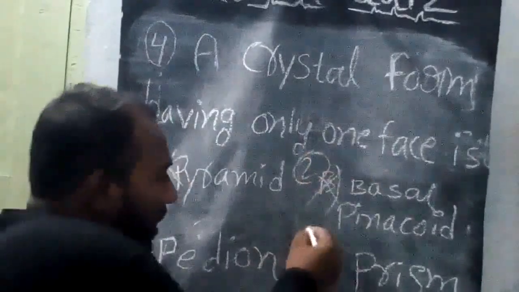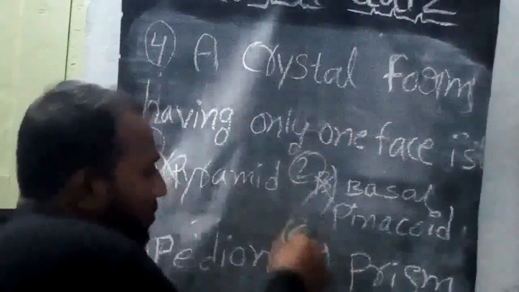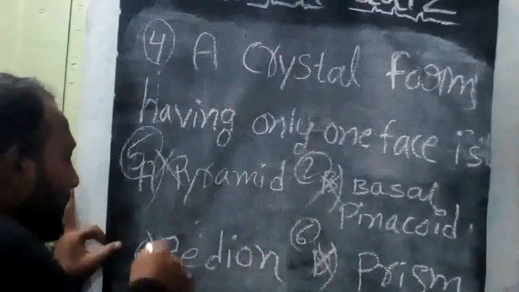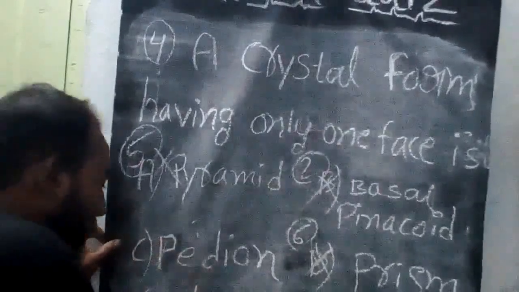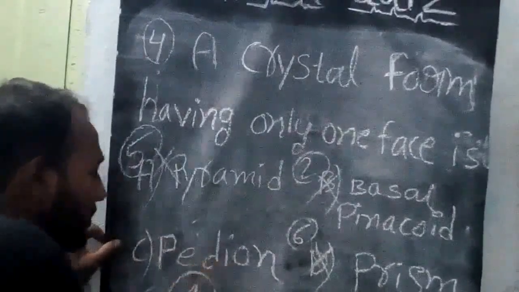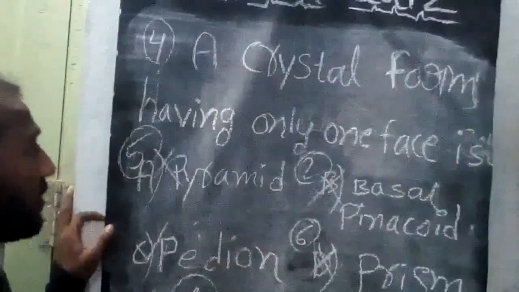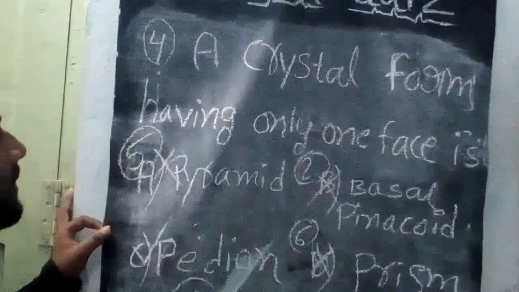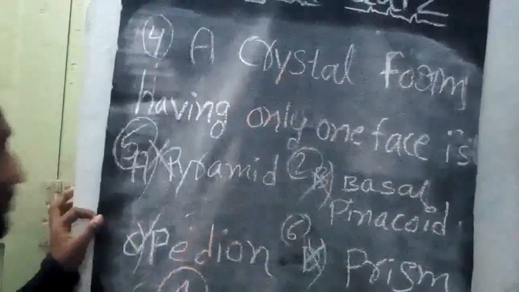Prism has 6 faces, so this is also wrong. So only option C, pedion, has only one face. This is the right answer. Many people gave the wrong answer to this question, so please correct that.